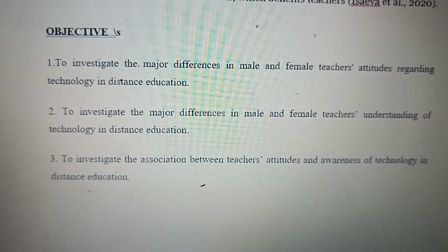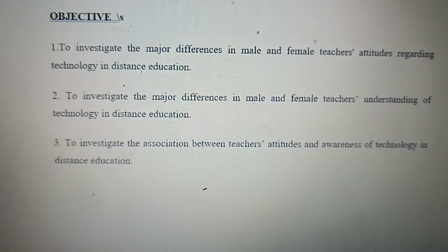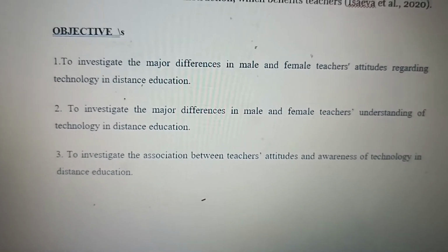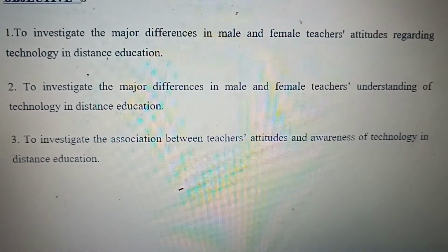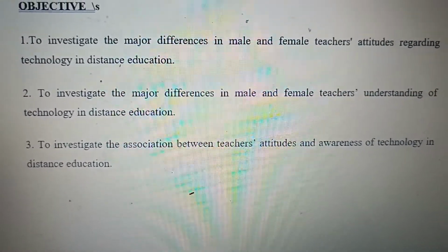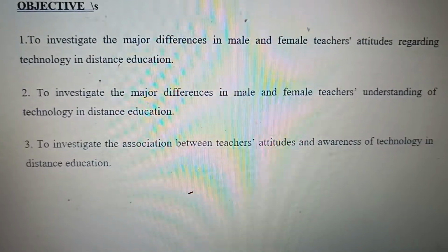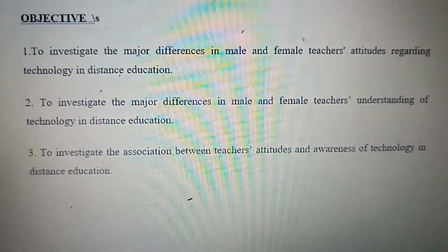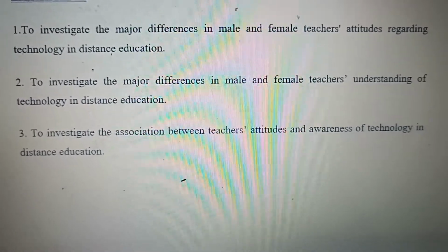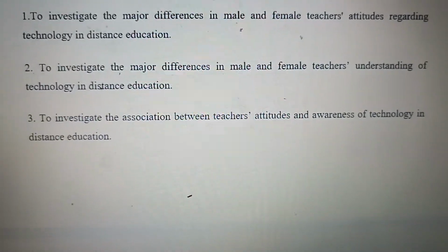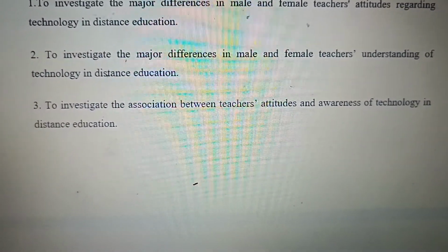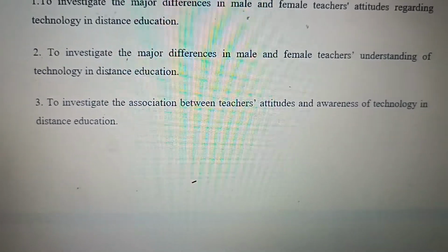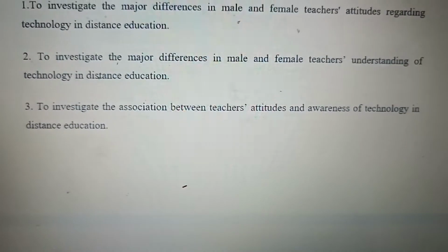So it's regarding the attitude of the teachers regarding the use of technology in distance education. The second objective is regarding the awareness of the teachers, that is teachers' understanding of the male and female teachers. And the last one is the comparison between the male and female teachers plus the entire population's attitude and awareness.